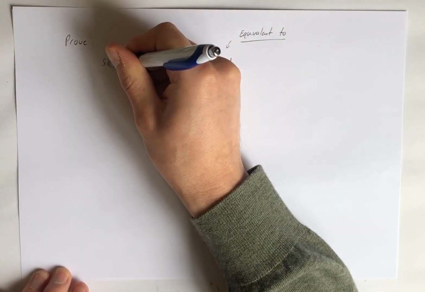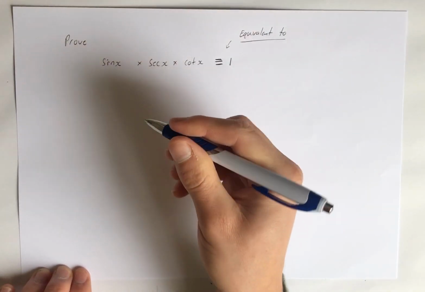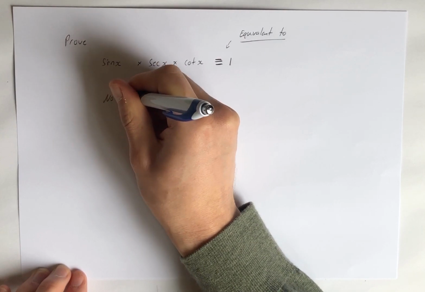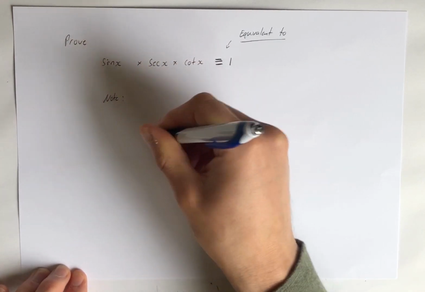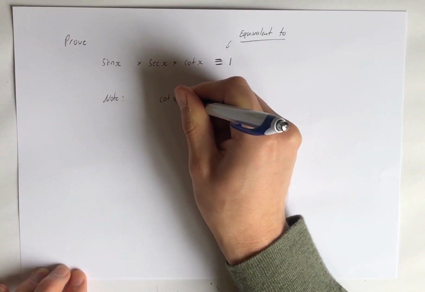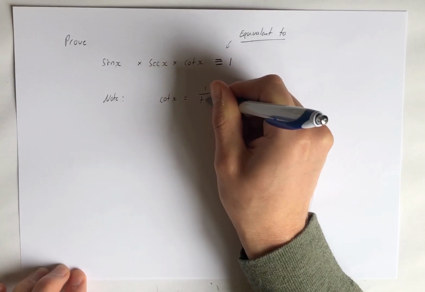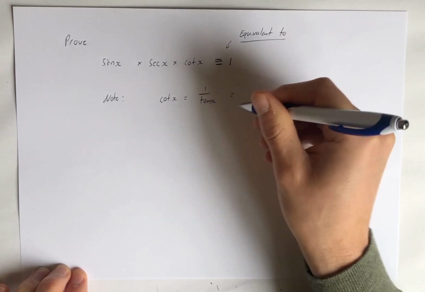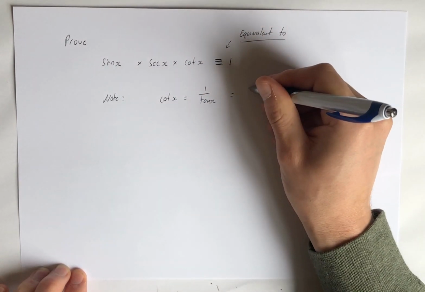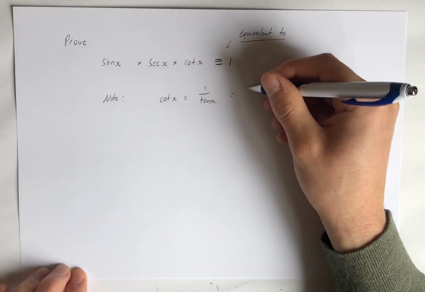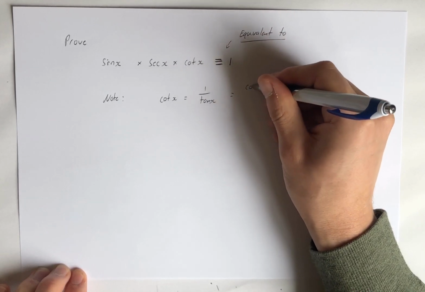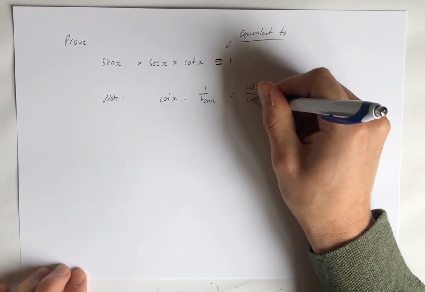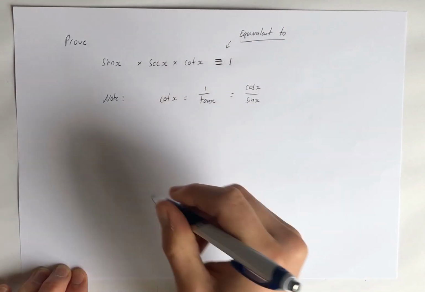So, well, note first that cot x is 1 over tan x. Well, that just means the reciprocal of tan, which means that instead of tan being sine over cosine, this will be cosine x over sine x.